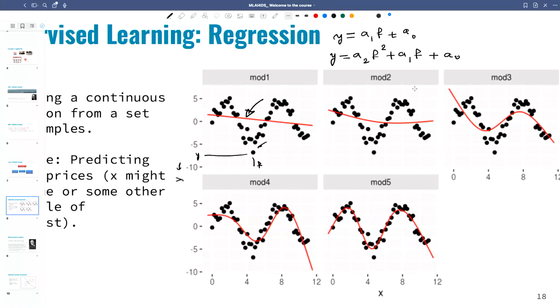And for a polynomial of degree n, how many parameters do we have? N plus 1, right? And the degree of that polynomial is a free parameter that the user must choose. It's up to you to choose one.